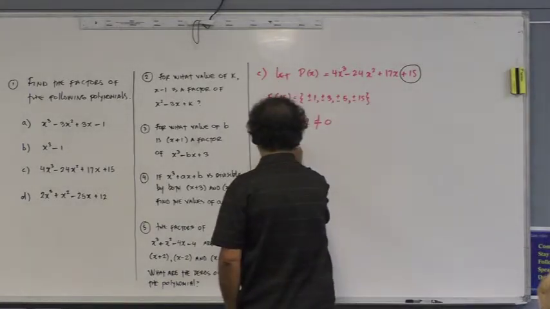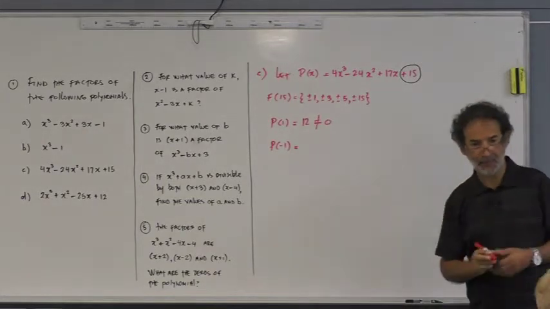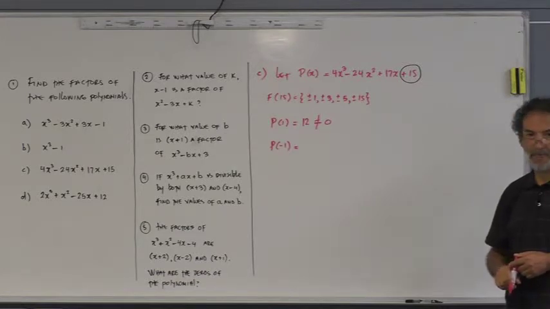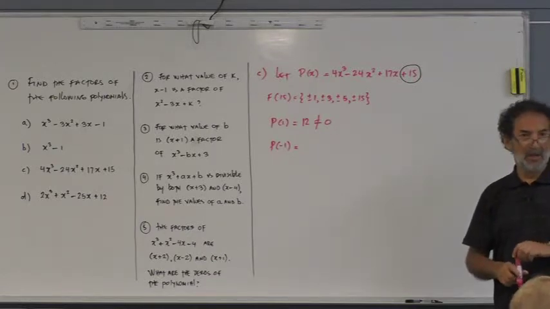What about P of negative 1? Can you please evaluate P of negative 1? It's negative 28. Is it? All right, quick.